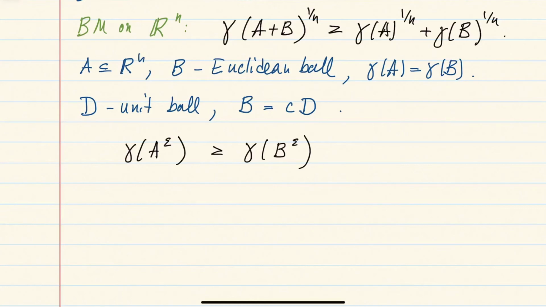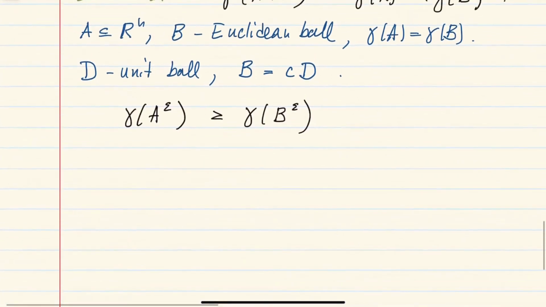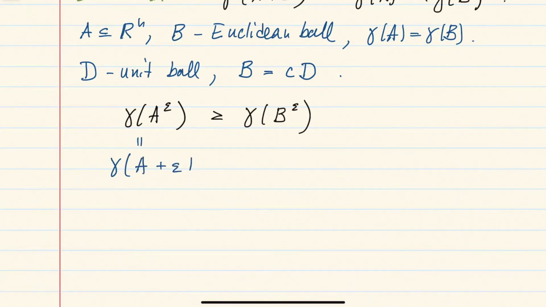But even if the surface is not defined in the usual calculus sense, this inequality reflects the idea that the surface of A is bigger than the surface of B. And the way that you can see this inequality is very straightforward. When you look at this epsilon neighborhood of A, this is the same as adding epsilon times the unit ball.